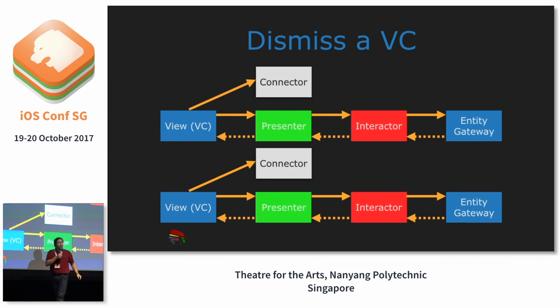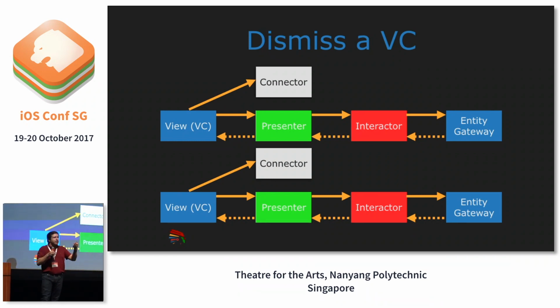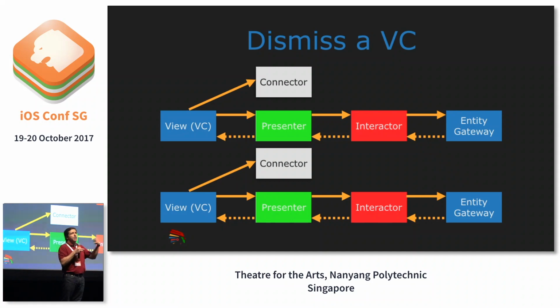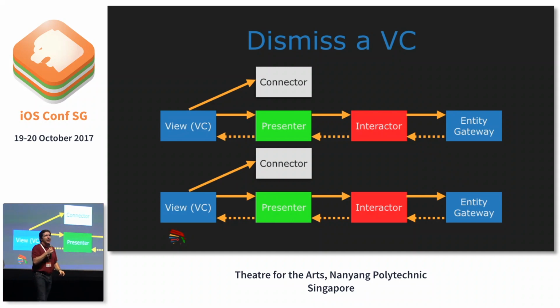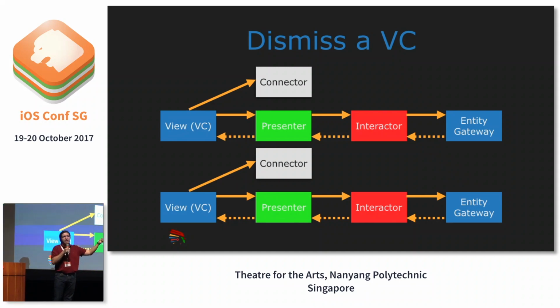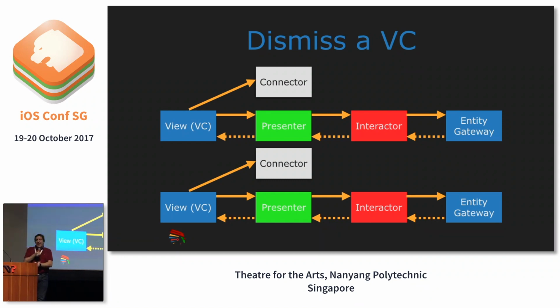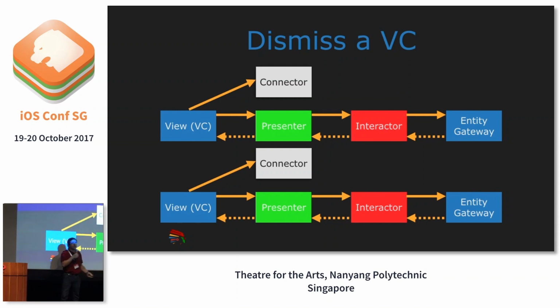Okay? So in order to navigate back, in this case, let's assume that I'm having a navigation bar. This has been presented as a model view controller, and I want to dismiss or save or whatever and navigate back to the original view controller. So what happens here? The first thing that will happen is that an event is triggered. The user taps on the cancel button, and that is told to the presenter.